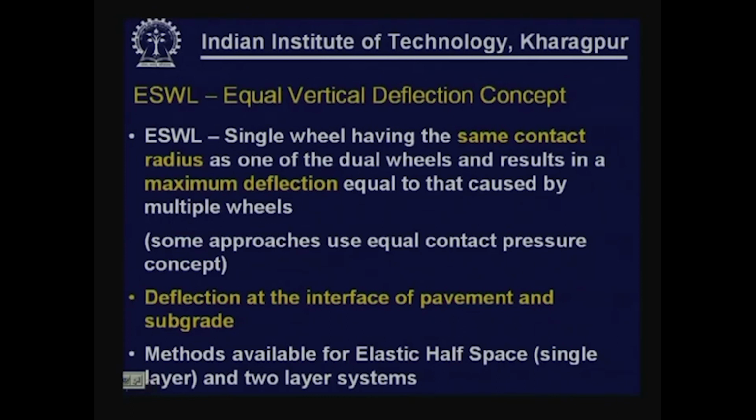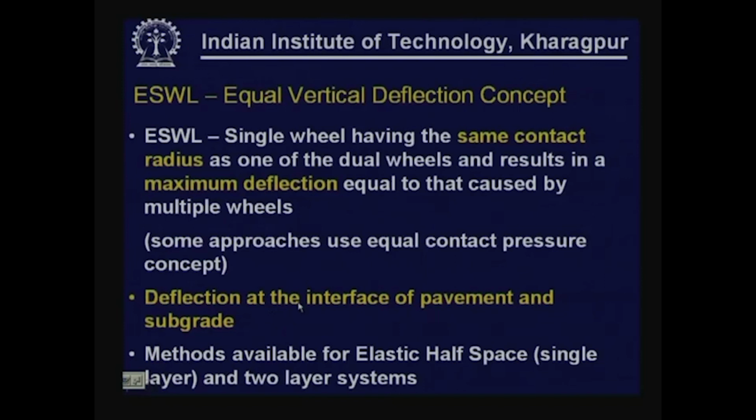So we are trying to equate the maximum deflection produced by equivalent single wheel load and produced by a given set of wheel loads. Some approaches also use equal contact pressure. Here we are trying to keep the contact radius or contact area of the equivalent single wheel load equal to that of one single wheel load of the given loading system.